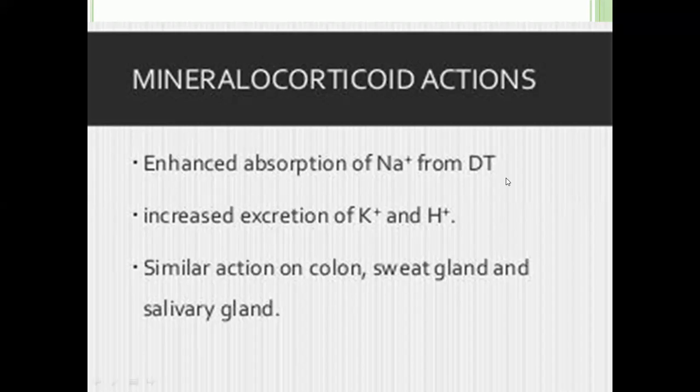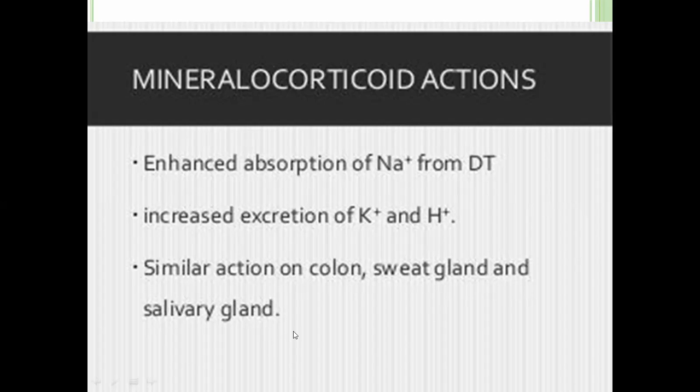DT means distal tubules. So this is about pharmacokinetics. Mineralocorticoids enhance absorption of sodium and increase excretion of potassium and hydrogen, and have a similar action on the colon, sweat glands and salivary glands.